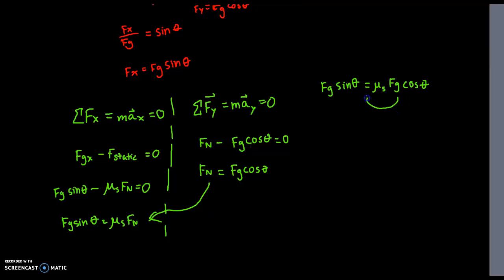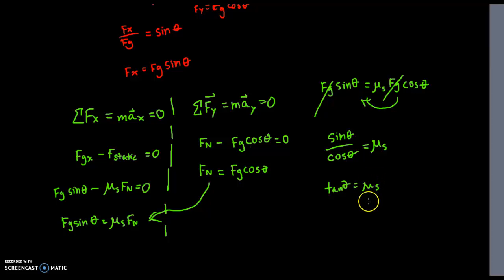Move this over to this side and cancel out the force of gravity, so you're left with sine of theta over cosine theta equals the coefficient of static friction. That is equal to tangent theta.